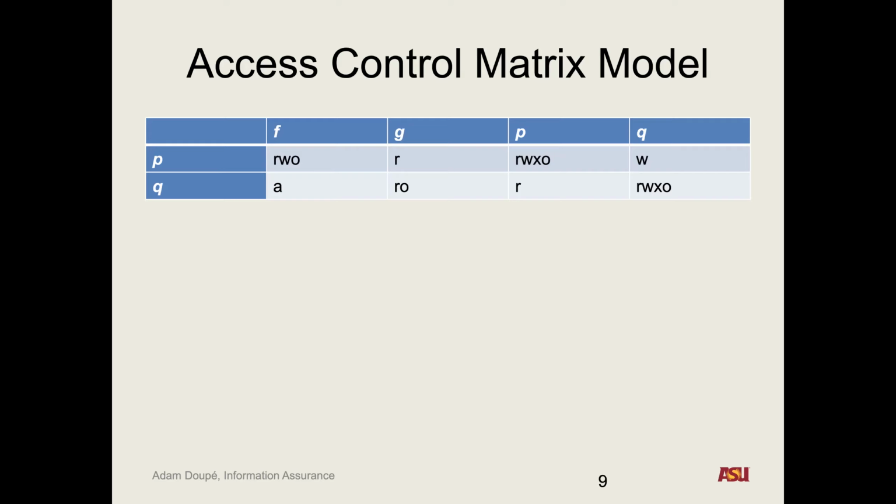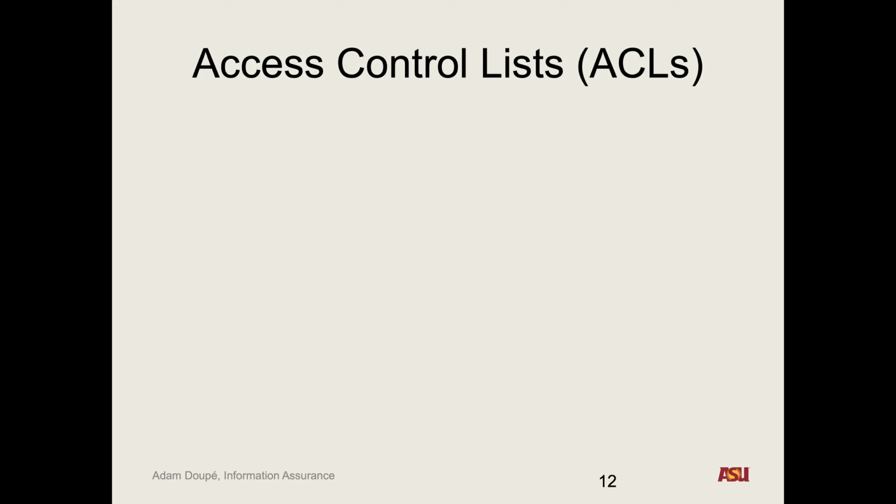What if we actually looked at each column and just stored each column? This is the notion of an access control list, if you've heard this term before. Rather than think about this giant matrix, let's think about, for every file, what rights do the subjects have?